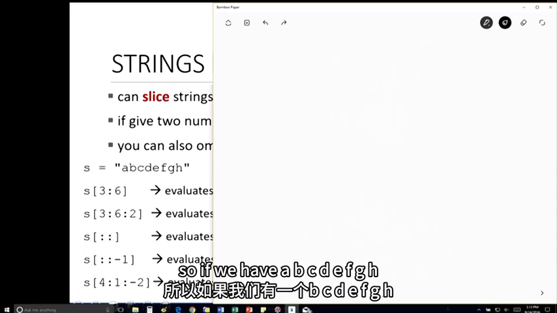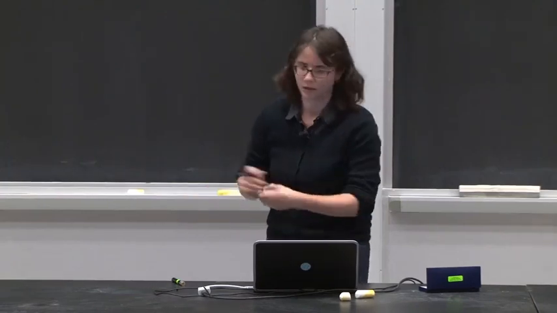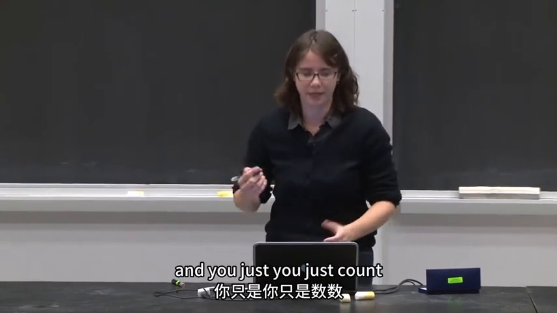So if we have A, B, C, D, E, F, G, H, this is position 0, 1, 2, 3, 4, 5, 6, 7. And you just count.